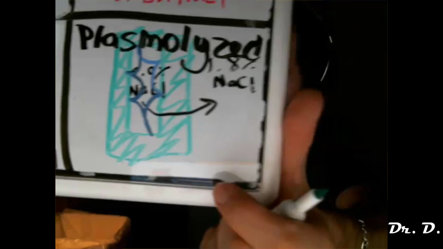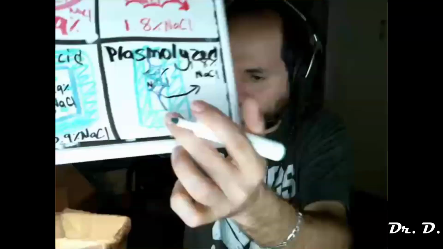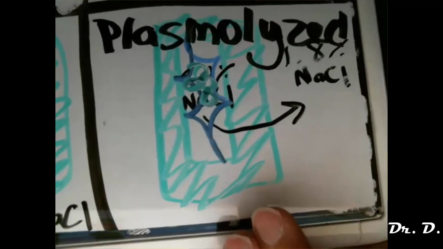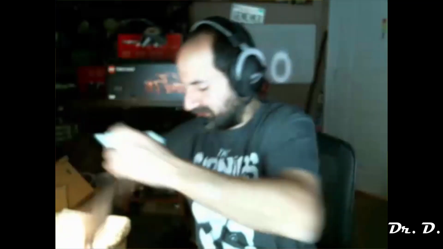Remember here? Look at the chloroplasts. They're all spread out nicely, the green dots. But here, the chloroplasts are all going to get bunched up together because the plasma membrane is going to smush them together, right?